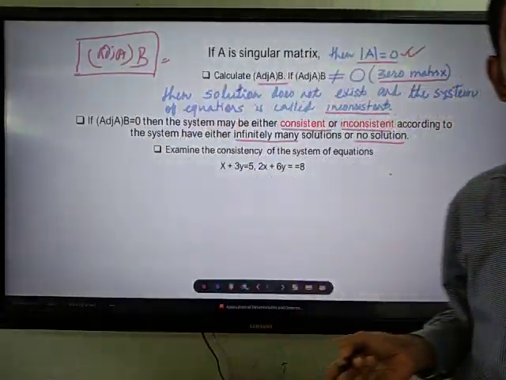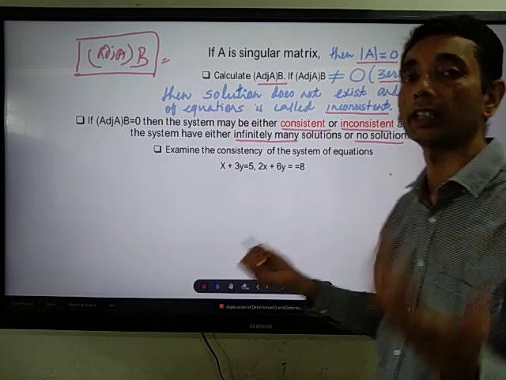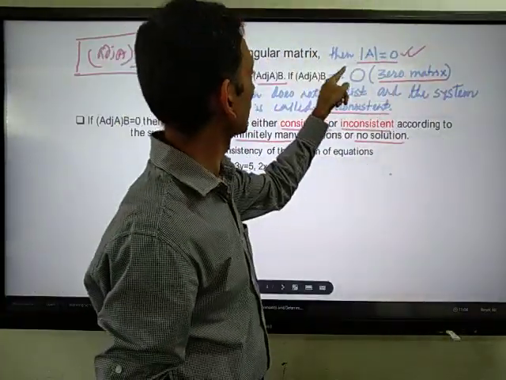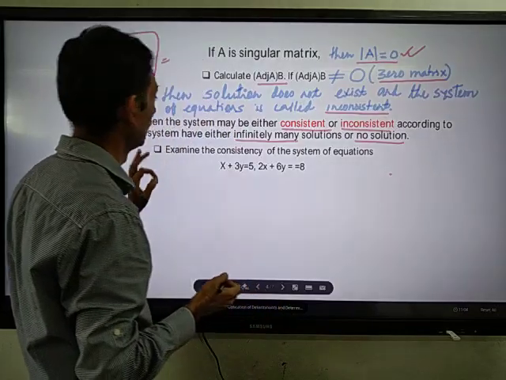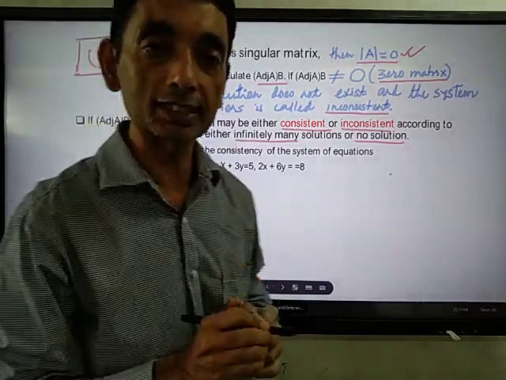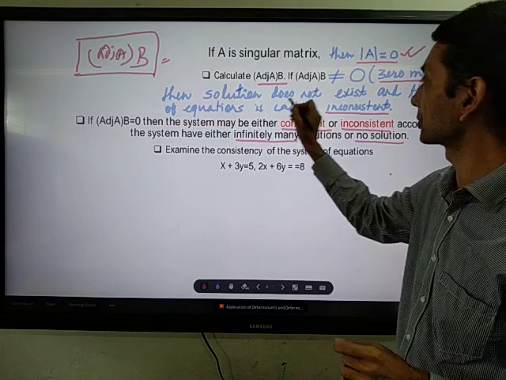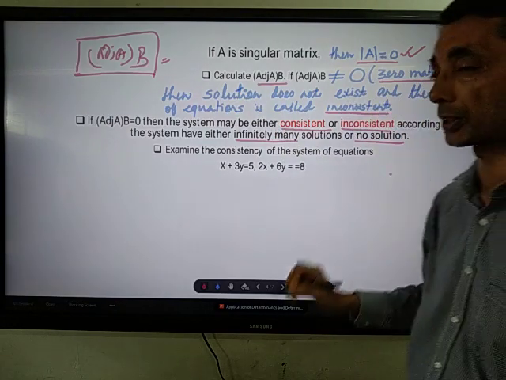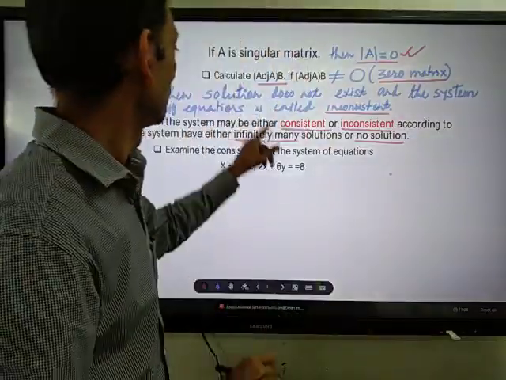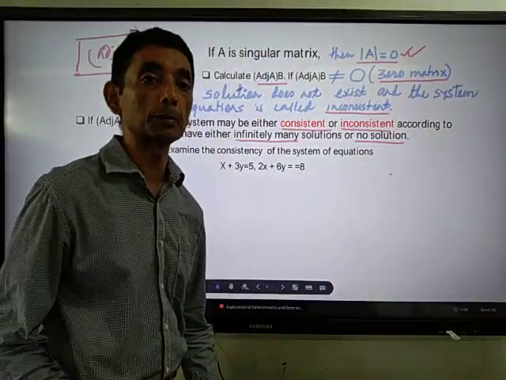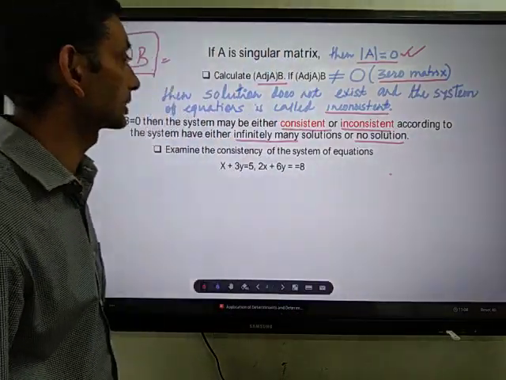A matrix is said to be a 0 matrix or a null matrix if all the entries are 0. If it is not equal to the 0 matrix, then the solution of the system of equations does not exist, and the system of equations is called an inconsistent system.